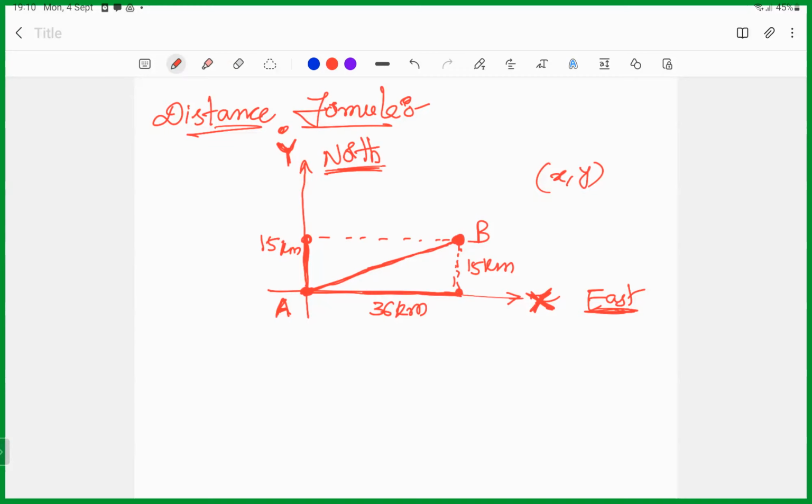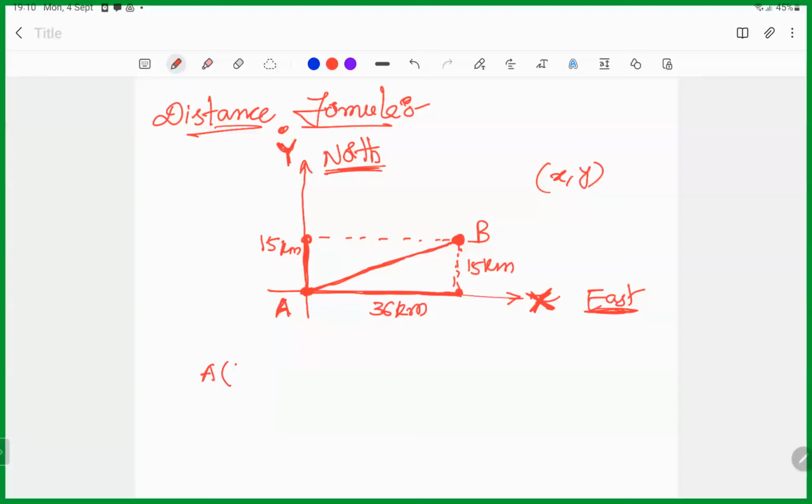So now, suppose 2 points lie on the x-axis. Can we find the distance between them? For instance, consider 2 points.